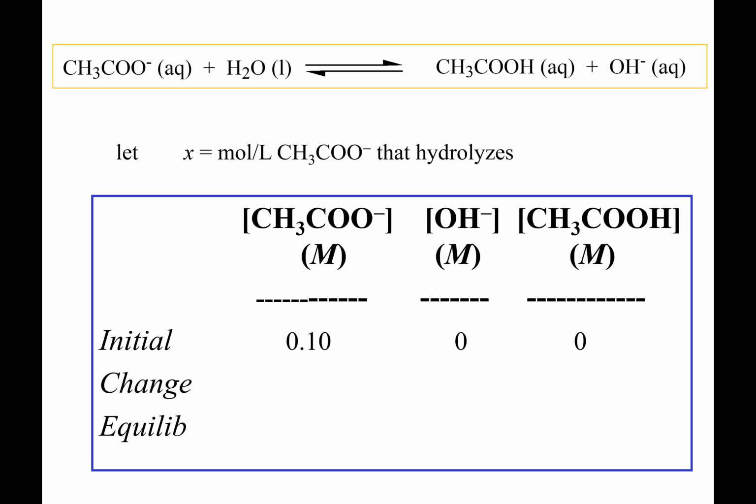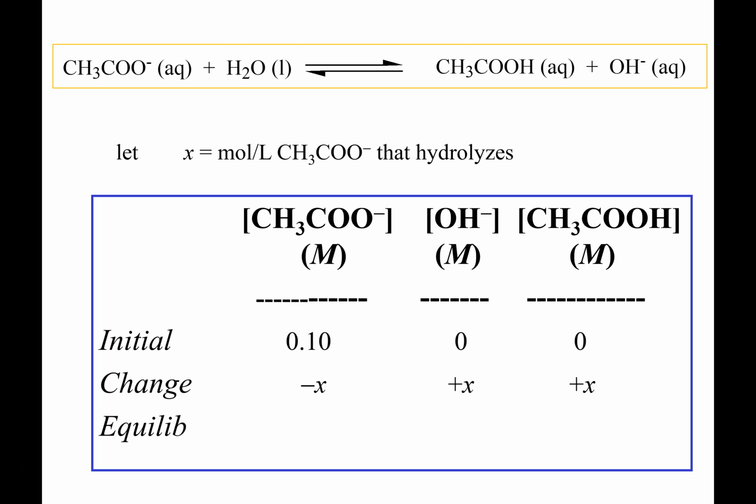Initially, like we talked about the other day, is it true to say that pure water has 0 hydroxide ion? No, because it normally will give you 1 times 10 to the minus 7th molar, but it's pretty much 0 compared to what we're going to be seeing going on. So we have a negative X, a plus X, and a plus X.